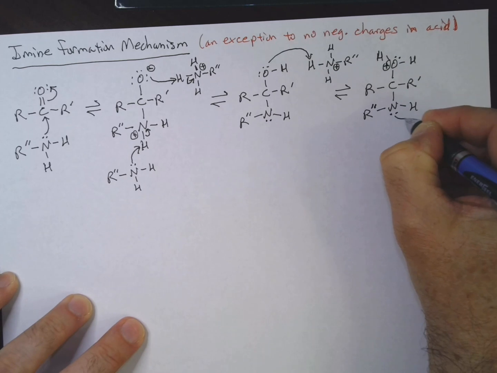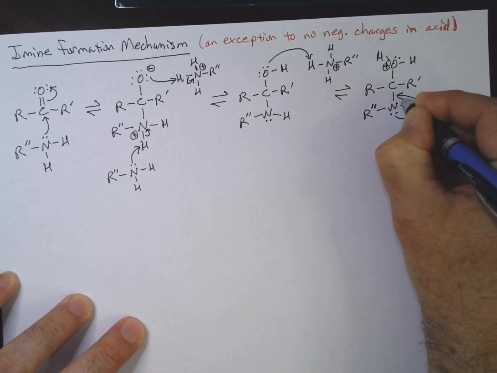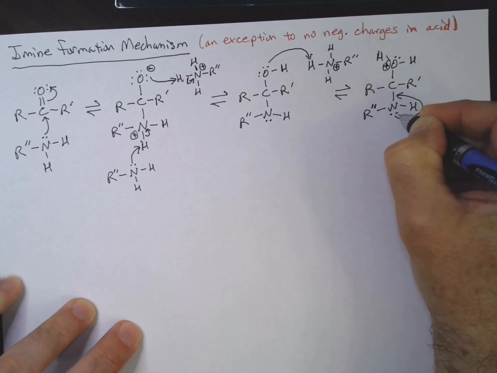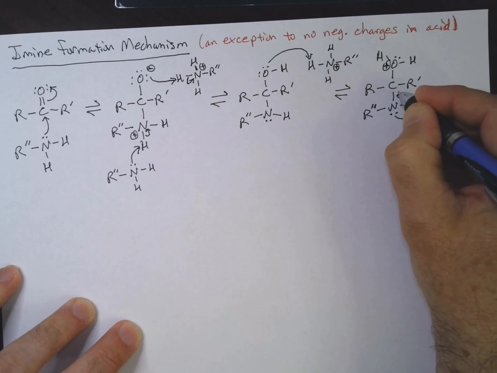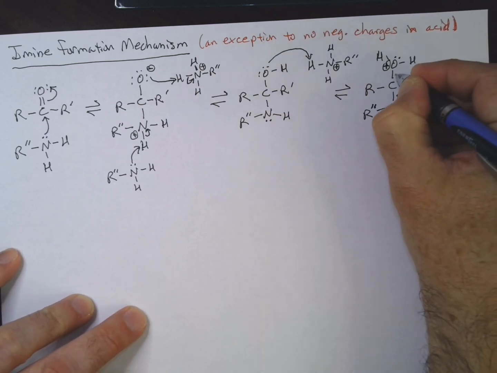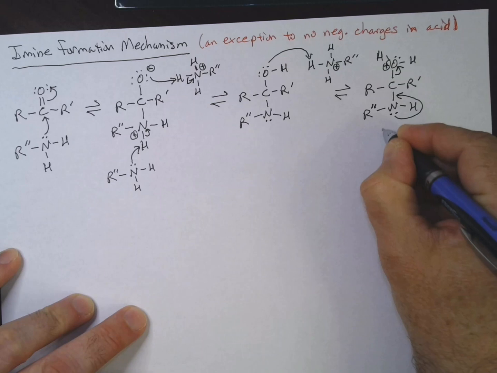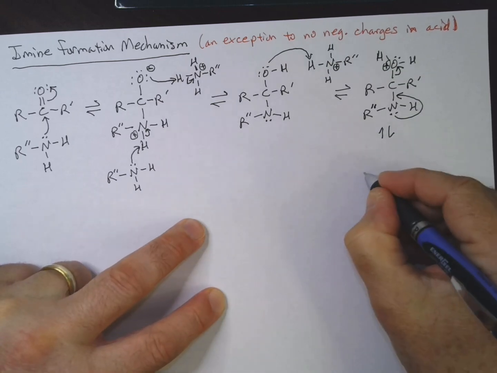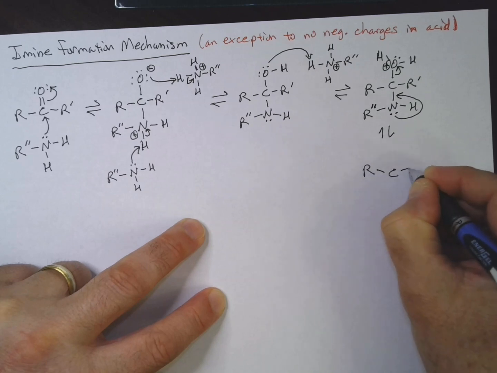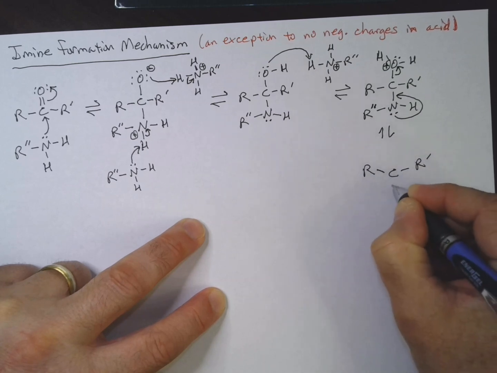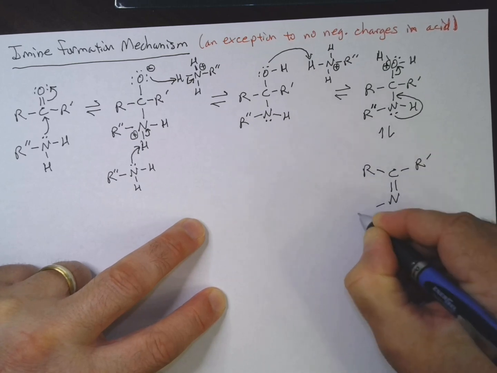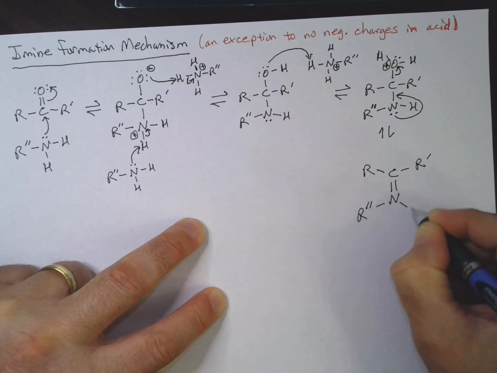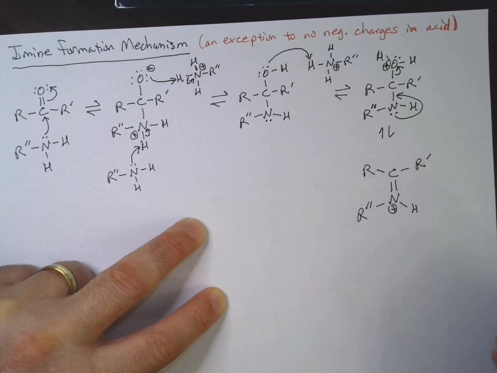Now I can lose that leaving group, and so the lone pair on the nitrogen will come and form a carbon-nitrogen double bond, and that will kick off the OH leaving group there. And then that will leave me with R, C, R prime, double bond N, R double prime, H, positive charge.